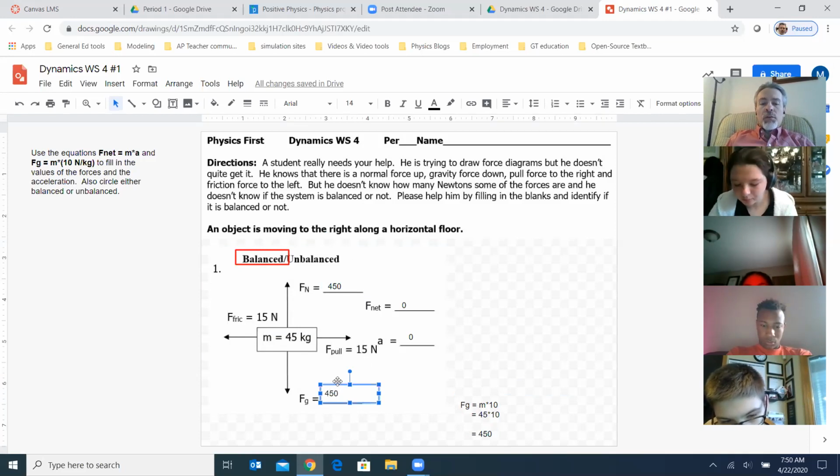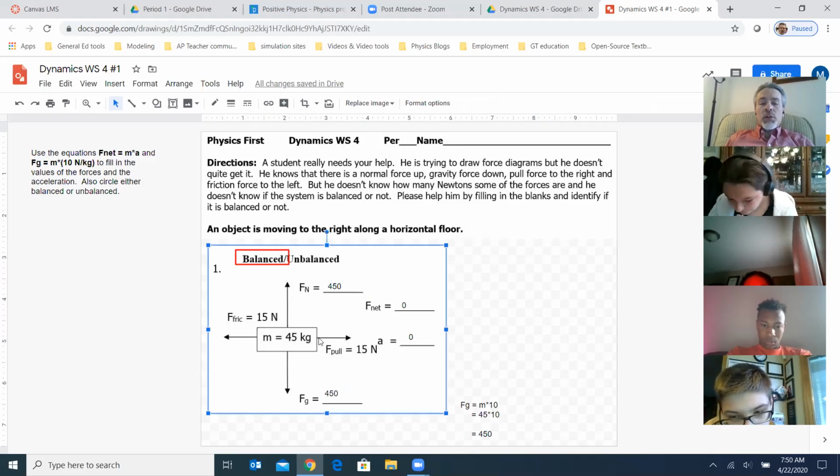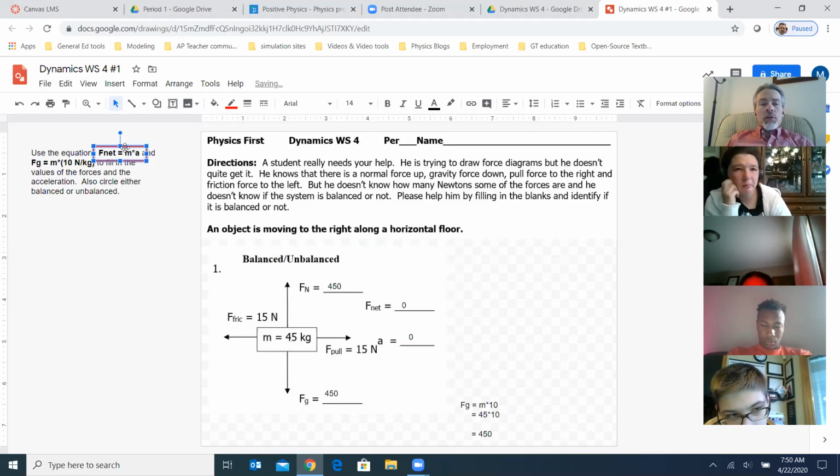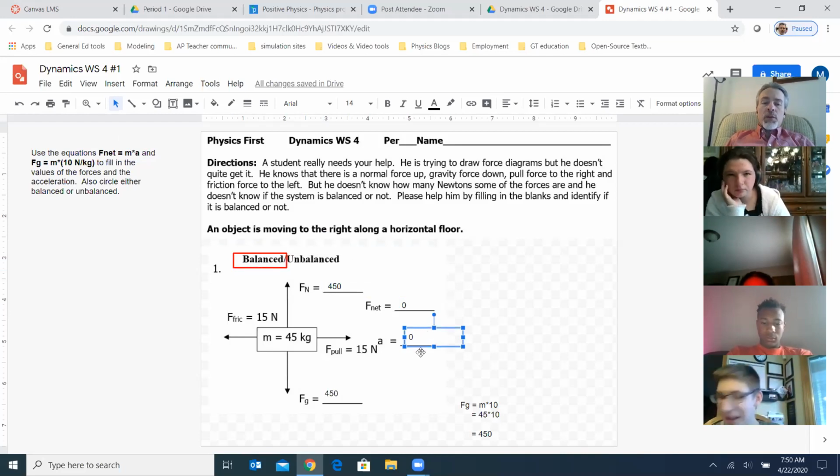The gravity force is 450 and the normal force is 450. The normal force and gravity force balance out, one up and one down, so they cancel. The friction force and pull force are both 15, in opposite directions, so they cancel, and the net force is 0. By F net equals ma, the acceleration must be 0. Then we answered together whether it's balanced or unbalanced, and everybody said balanced.